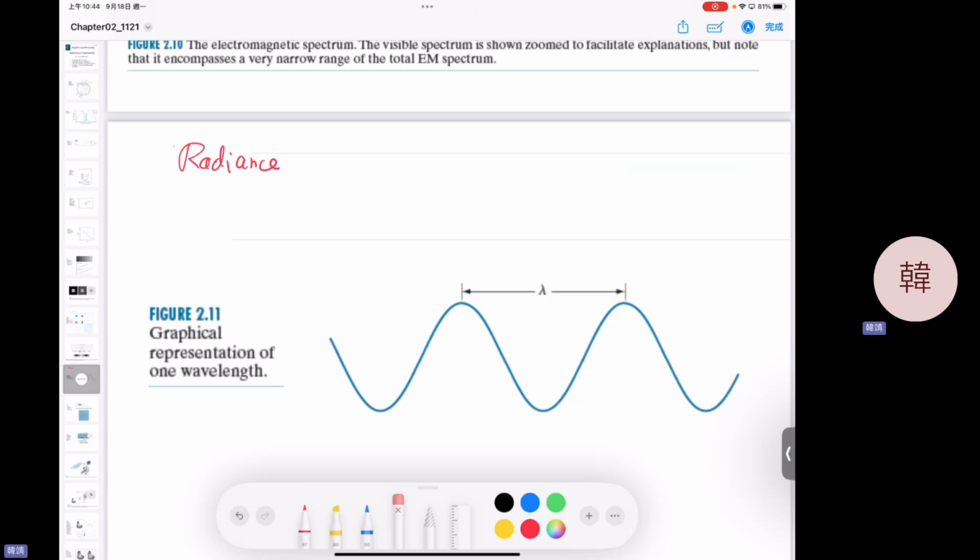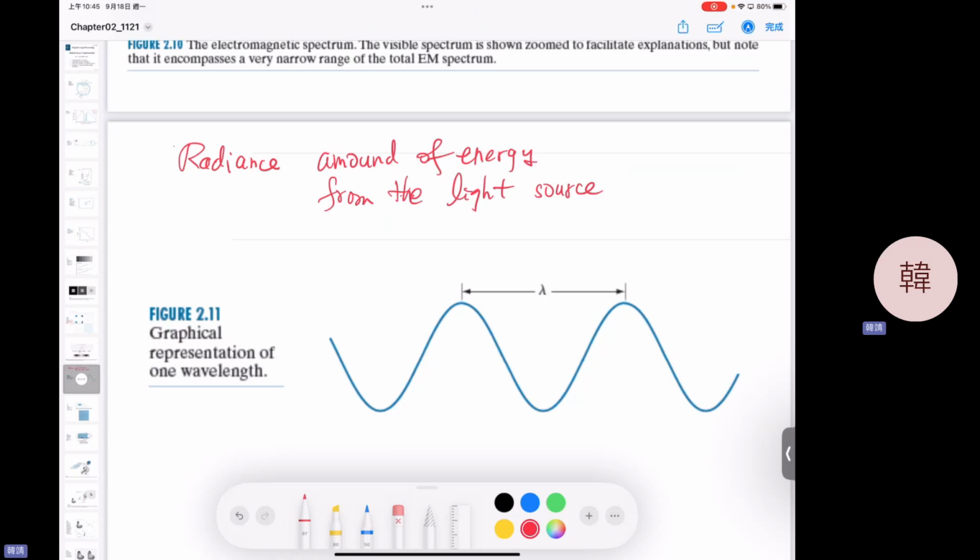The energy, amount of energy from the light source. So you need the light source to see something, right?